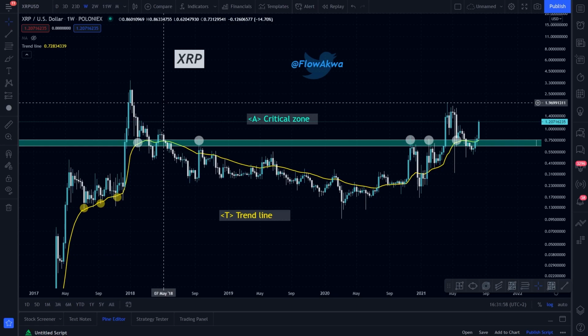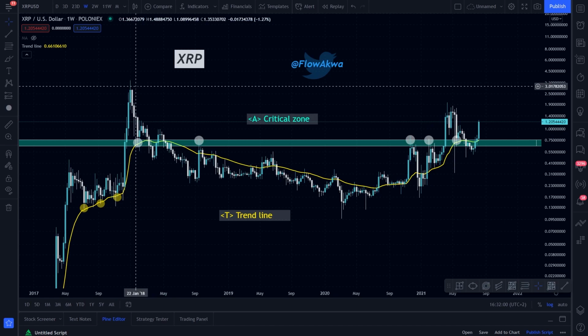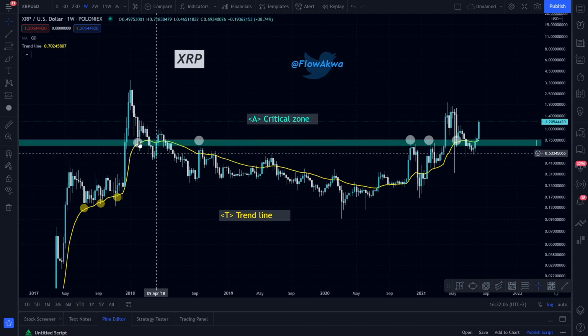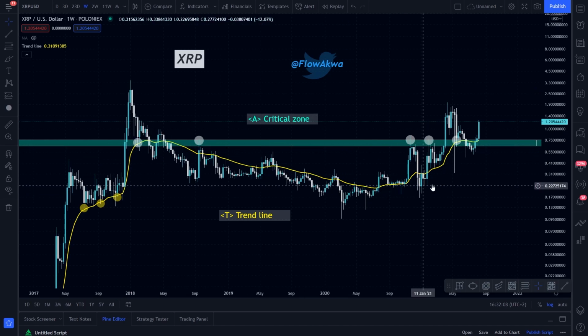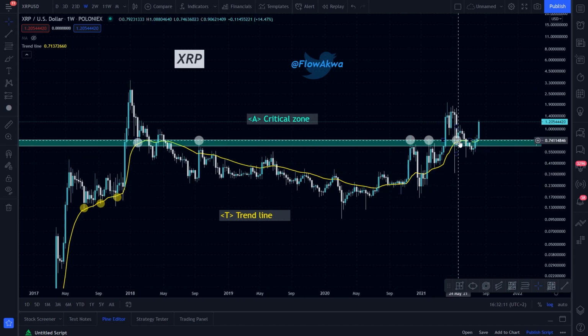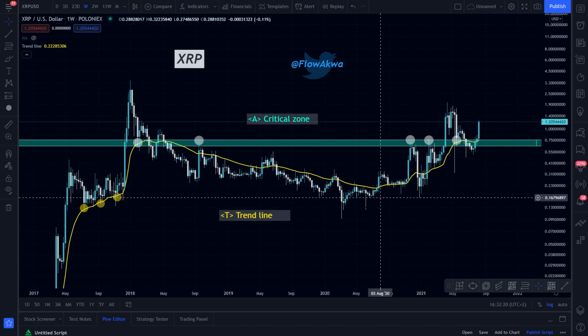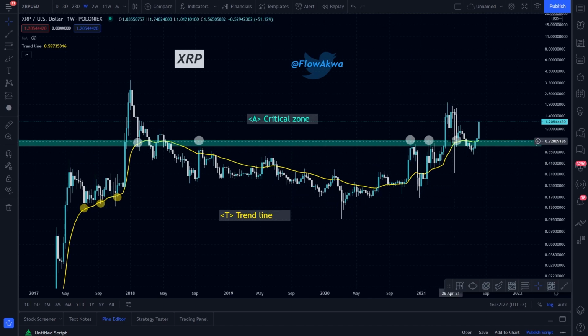From a price point of view, we didn't retest the all-time high, but from a trend line point of view, we tested the all-time high, right? You start understanding what I wanted to say? From a trend line perspective, we went right to the all-time high. And since then, we are stuck in the critical zone, which is the highest zone of the trend line.